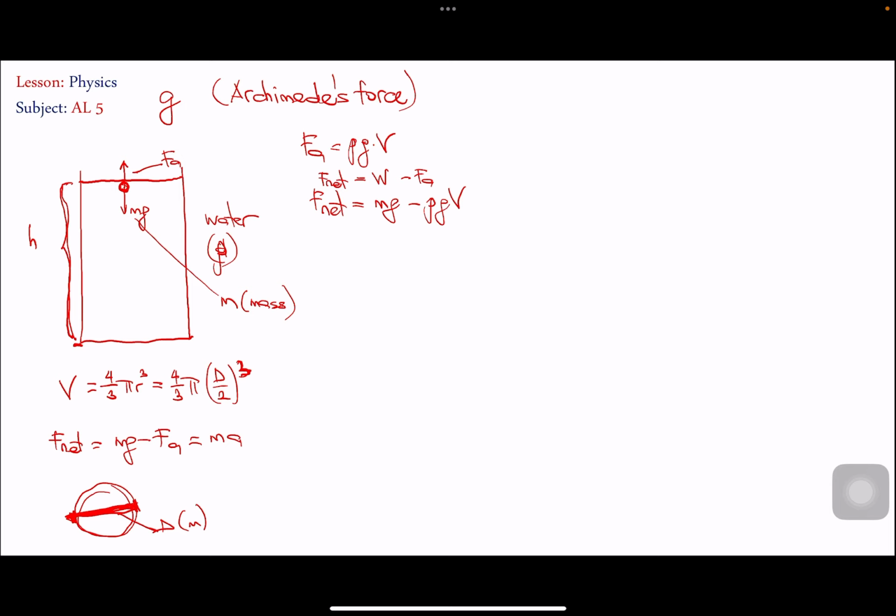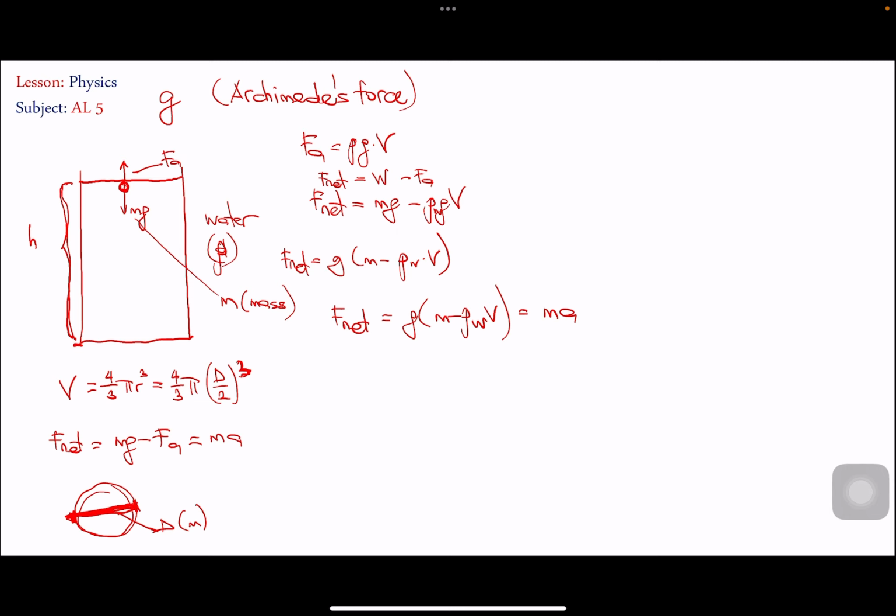So I'll take the g out of the brackets here. So F net equals g times (m minus rho of water, the density of water, times V, the volume of the spherical ball), and that will be equal to ma, where m is the mass of this ball and a is the acceleration.